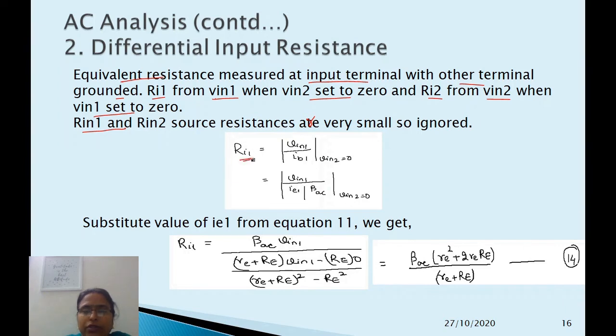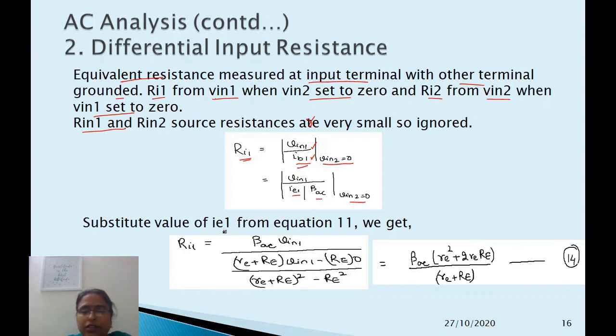So Ri1 is equal to voltage upon current, Vin1 upon IB1, keeping Vin2 equal to 0. So Vin1 upon IB1, as we know, IB is IE upon beta AC. So IE1 upon beta AC, keeping Vin2 equal to 0.